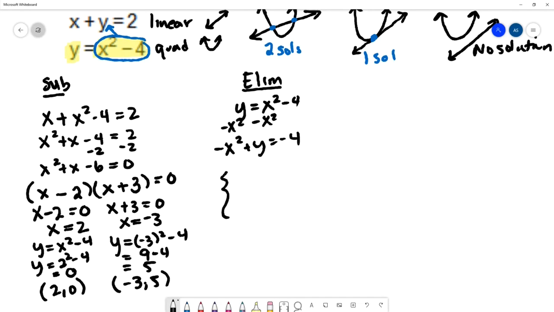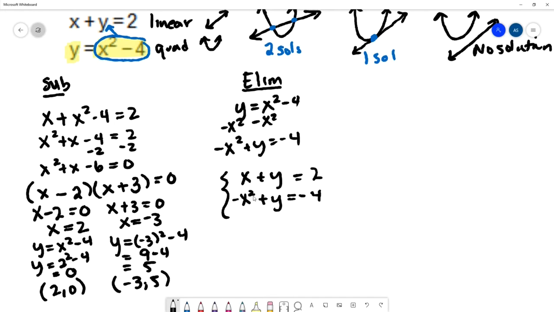So here's what the system looks like now. x plus y equals 2, and negative x squared plus y equals negative 4. So now I have my x's lined up, my y's lined up, equal sign lined up, and constants lined up. So we need to have it in this state before we start the elimination method.